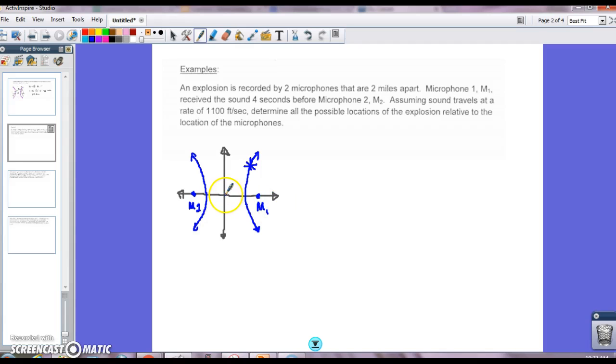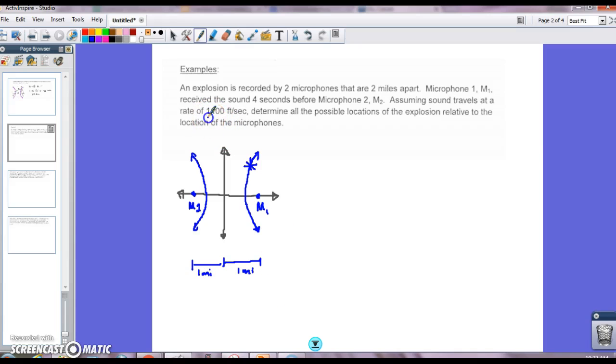My microphones are 2 miles apart, which means that the distance from the center to each microphone is 1 mile. So if you think of this, this distance here is 1 mile, and then this distance from that microphone to your center is also 1 mile.